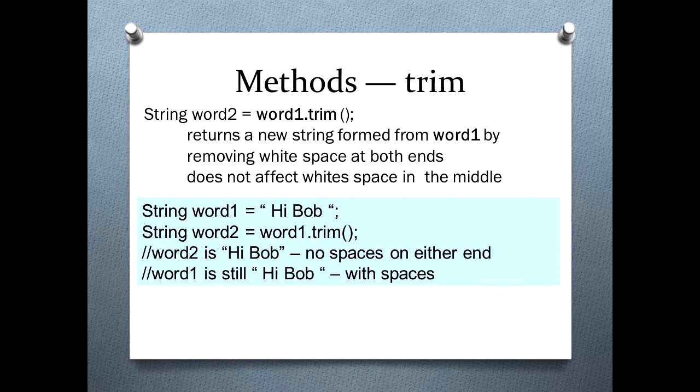When you use word dot trim, whatever white space is available in that string will be deleted. Word 2 is Hey Bob, no space on either end. There should not be any space. Word 1 is still Hey Bob with space. So when you use trim, the space will be removed.